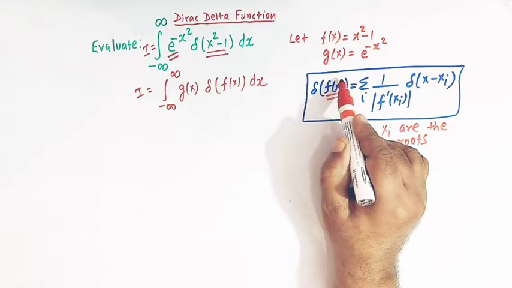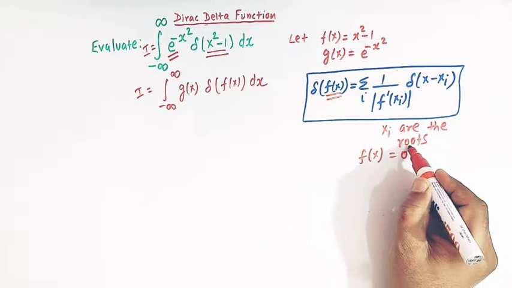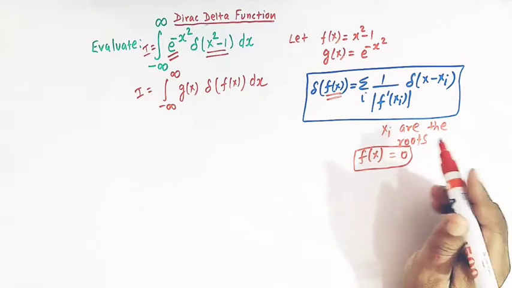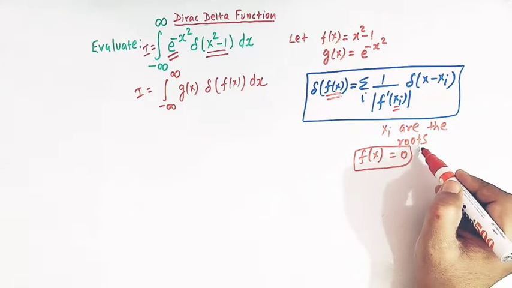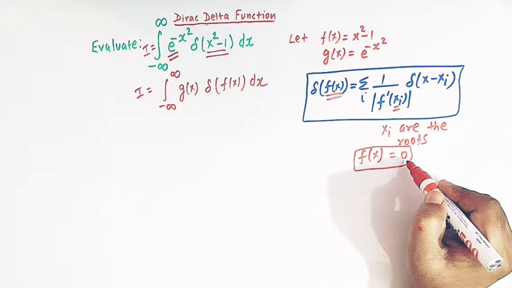So we take f of x equal to 0 and form an equation, and the x_i are the roots of this equation.